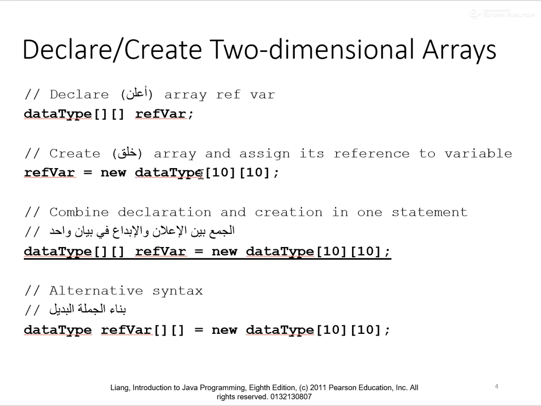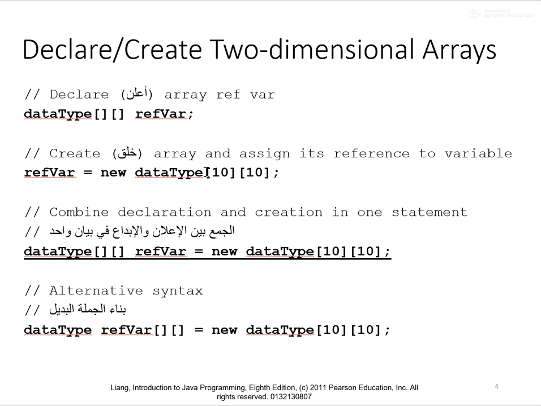You specify the data type, an integer, of course, so you have to specify the same data type again. And over here, you have to provide the size of the two-dimensional array. In this case, this is a 10 by 10 two-dimensional array. We'll see what we mean by that in a minute. But this is basically a table.